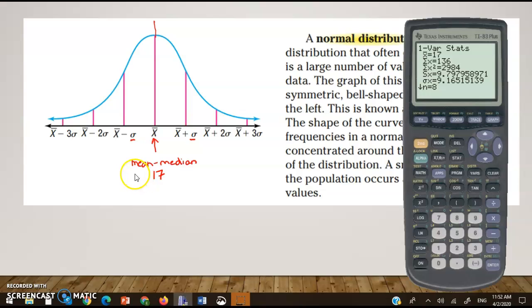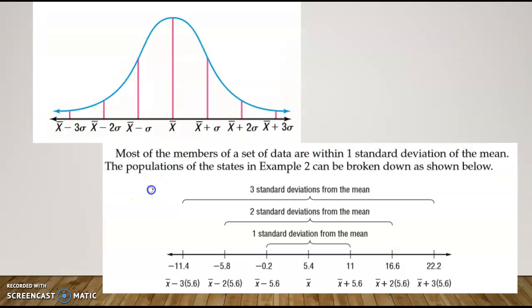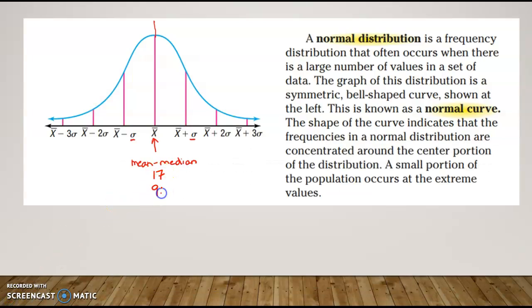So you've got your 17 plus 9.2 right here, then 17 plus 2 of these 9.2s, and then 17 plus 3 of these 9.2s.